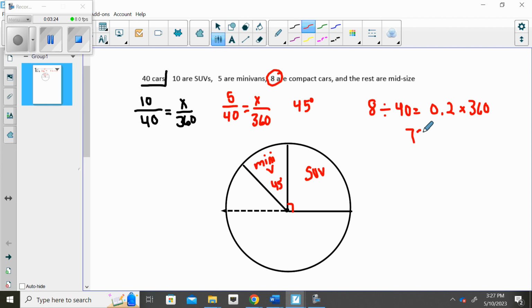So 72 degrees is going to be a little bit harder to find exactly, okay? So what we've been doing in class is, again, I'm going to put in the dotted lines, but you will ignore the dotted lines at the end of our graph, okay? So if I put a dotted line like this, and then I divided this up into thirds, each one of these would be, see, that's not great.